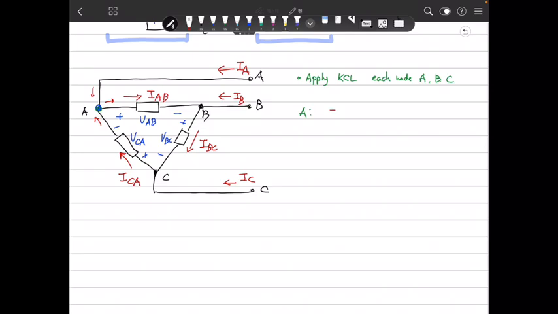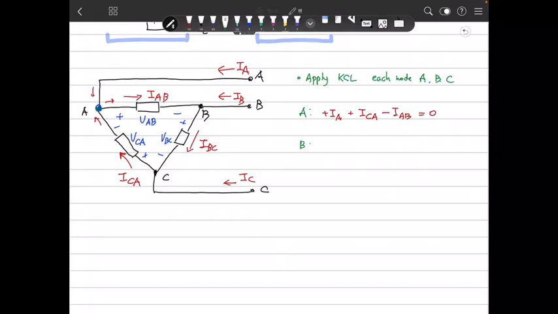Therefore, IA plus I_CA minus I_AB is 0.